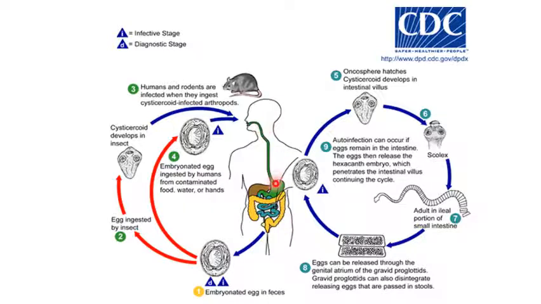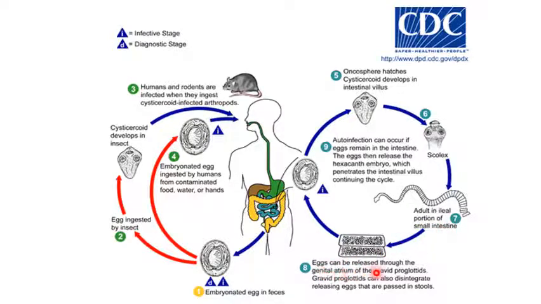Then in the intestine of man, the egg, the embryo or oncosphere hatches, the cysticercoid develops in the intestinal villus, and develops into the scolex or adult worm. Then the adult is in the ileal portion of the small intestine.